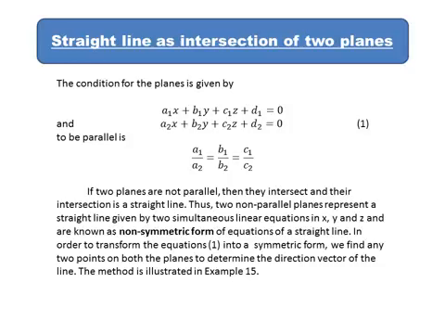In order to transform equation number 1, which is a non-symmetric form, into a symmetric form, we will have to find any two points on both the planes to determine the direction vector of the line. The method is elaborated in example number 15, in which it will be clear to you.